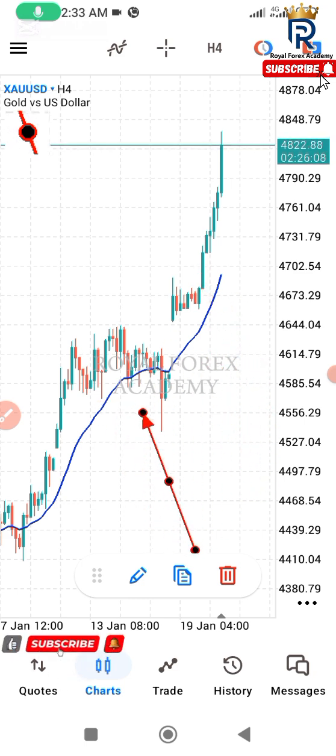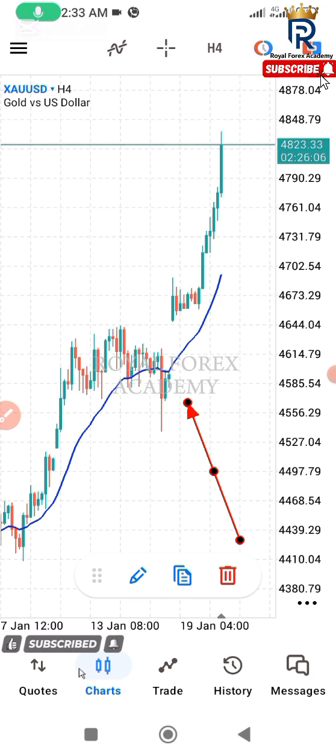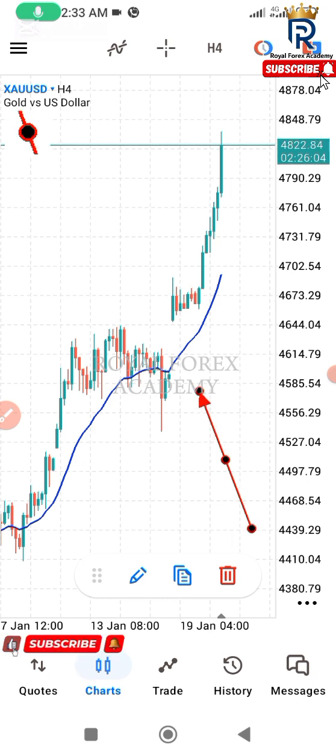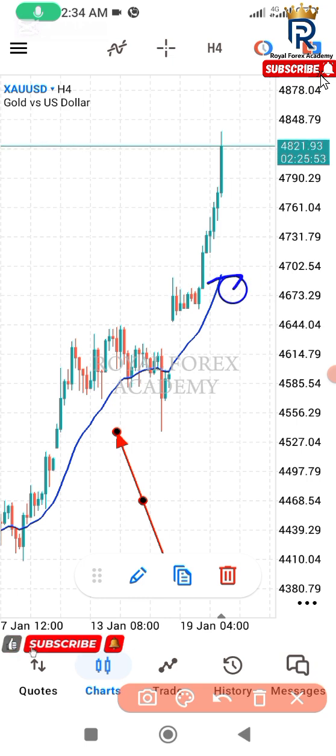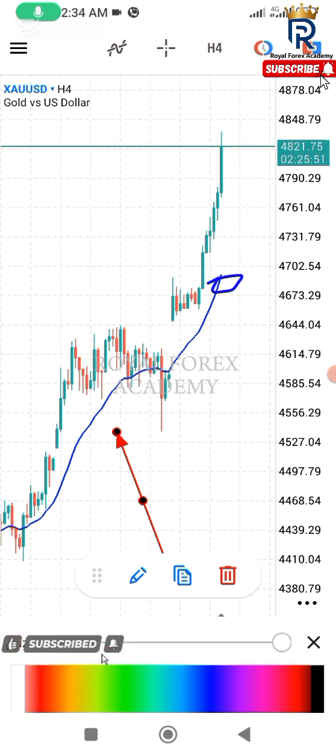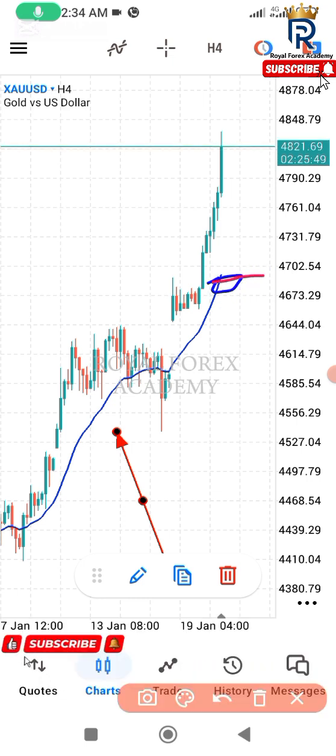Now, whenever price is in a healthy trend, price will always trend above the 20 period moving average. And anytime price has gone too far, look at this, the moving average is here, and then price is here.